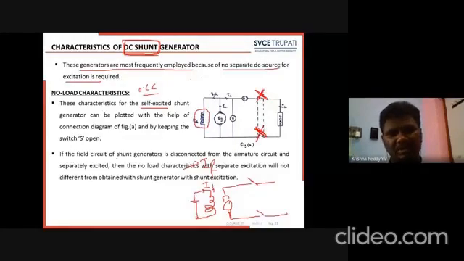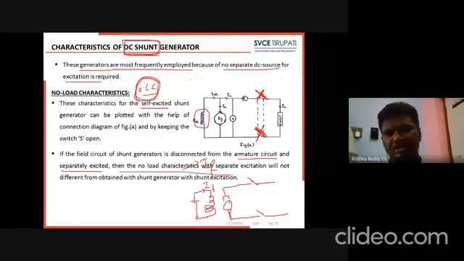If the field circuit of the shunt generator is disconnected from the armature circuit and separately excited, the open circuit characteristics of the separately excited generator and the self-excited generator are both the same. Here, the field winding is separated from the armature circuit and given some DC supply.